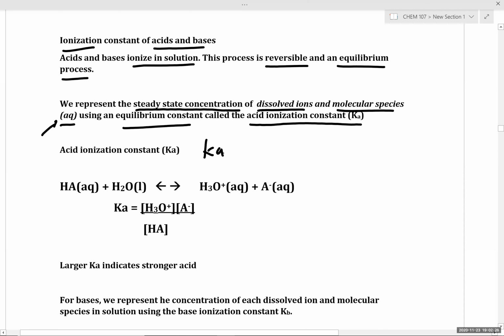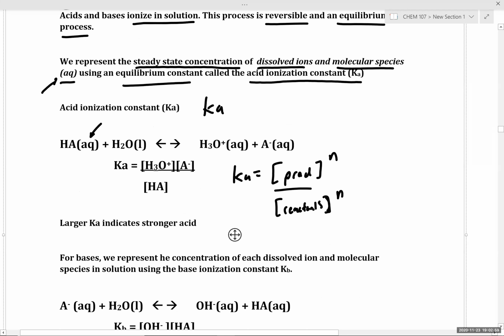For a sample equilibrium, Ka is written as the concentration of products over the concentration of reactants, accounting for any coefficients. In this case, they're 1. So Ka is the concentration of our products, H3O plus and A minus, over the concentration of our reactant, HA.